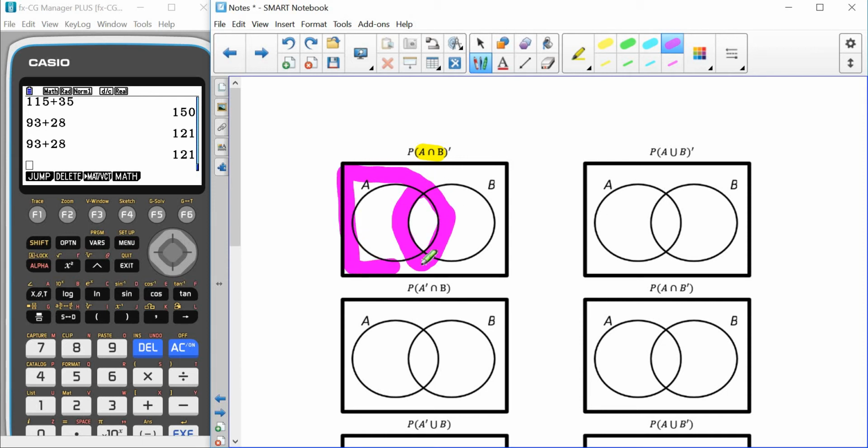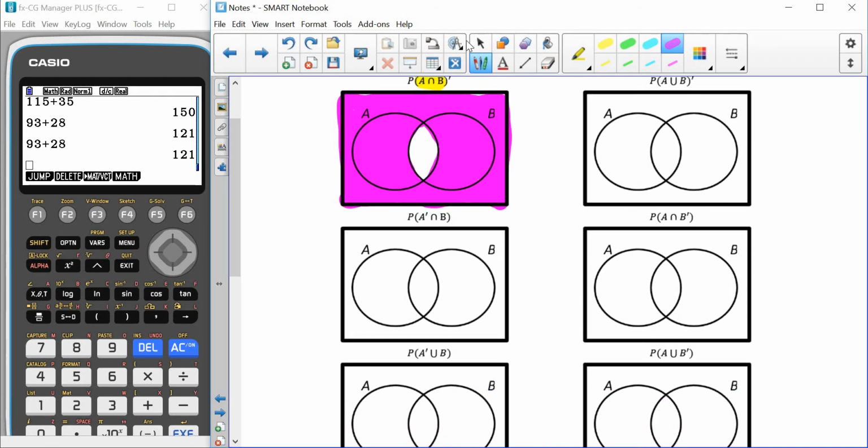So it's everything else that's within my rectangle that's not in that overlapped part of where the circle for A and the circle for B are overlapping. So that's everything except for this bit here.